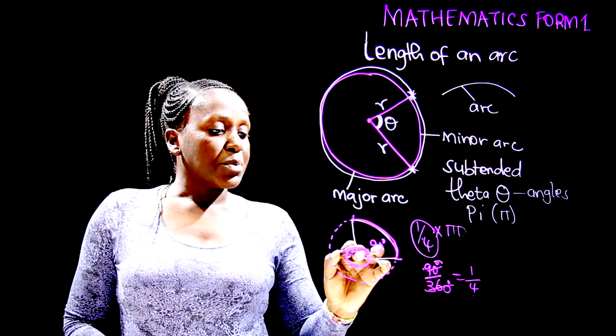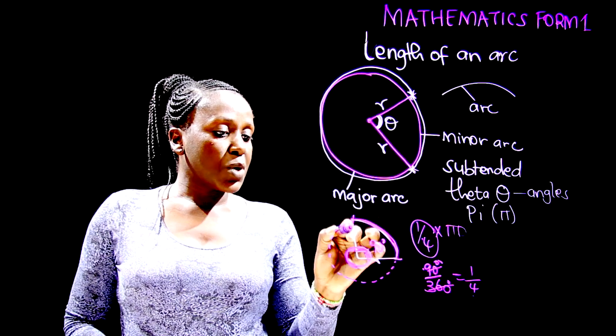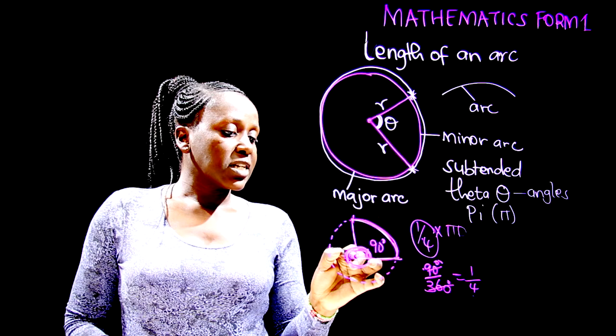Now, 90 represents the angle which is between this radius and this radius.